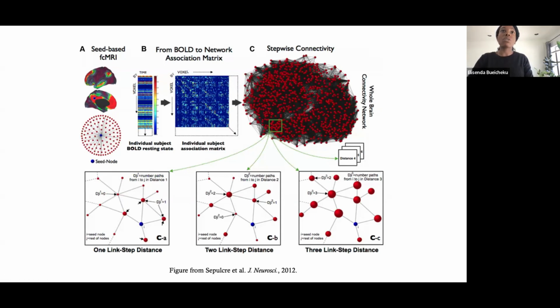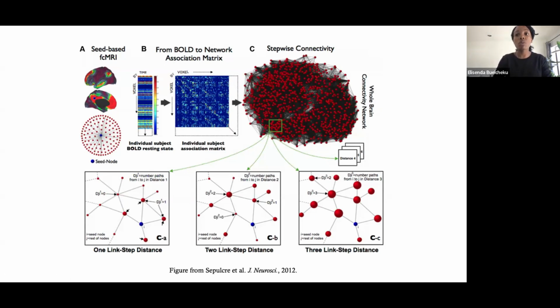If we take the association matrix to the network visualization, we will see a bunch of nodes represented by the red dots, and the links between the nodes are represented by the edges in black.